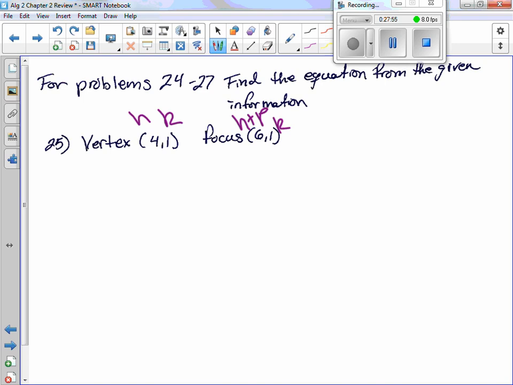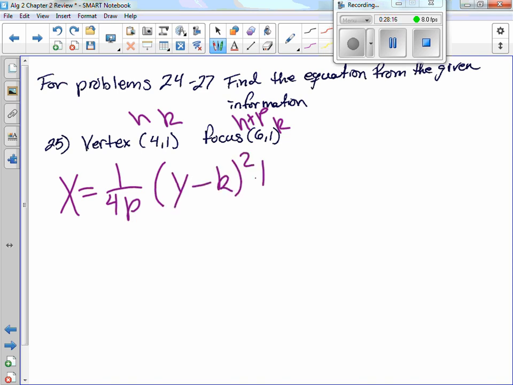If the k, or the y value, from the focus and the vertex was different, then I would use k plus p. Because I'm just matching it up to the general equation. So our general equation for this here is x is equal to 1 over 4p times y minus k squared plus h. Since that's the value that changed.